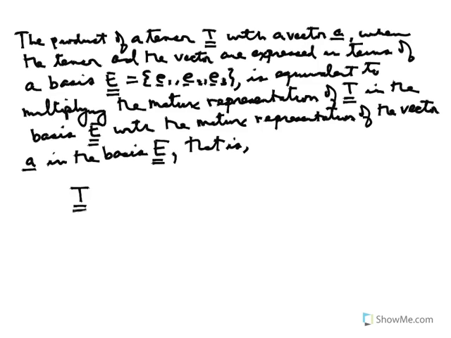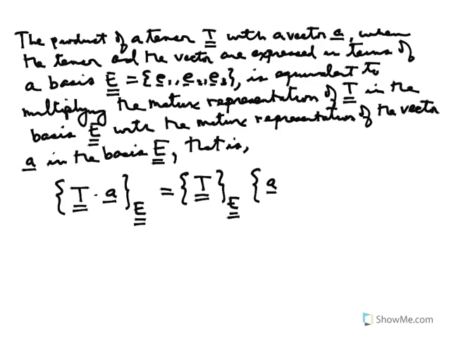It says that T applied to A when expressed in a basis E is equal to the matrix representation of T in the basis E multiplied by the matrix representation of the vector A in the basis E. Now, because of that, we can actually associate matrices with tensors, but it's very important to understand something. This is a very key point, and it's really important to keep this in mind.